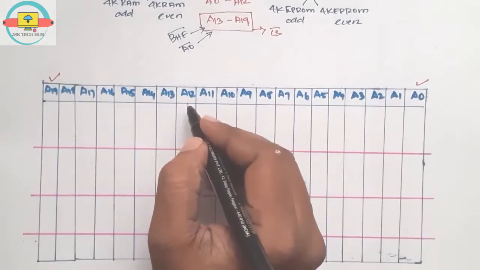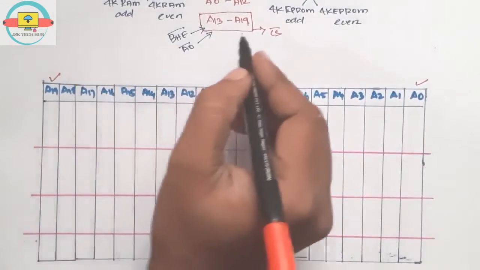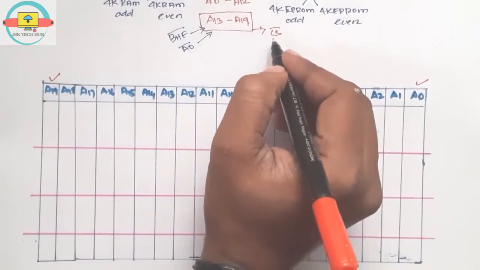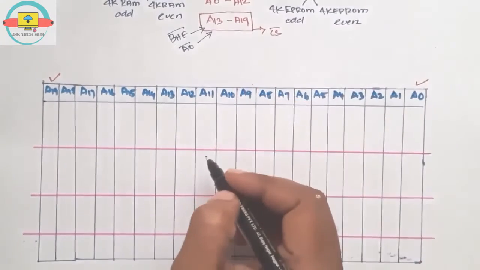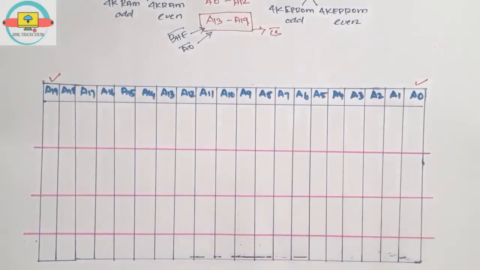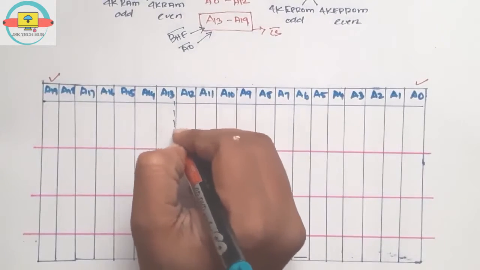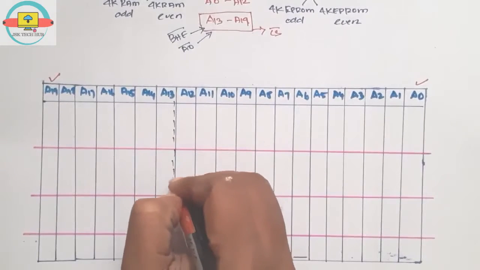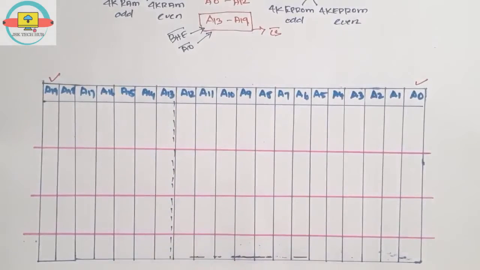The remaining address lines, A13 to A19, we already discussed, are used to activate the chip select signals available in the IC. So we need to focus only on the A0 to A12 address lines.